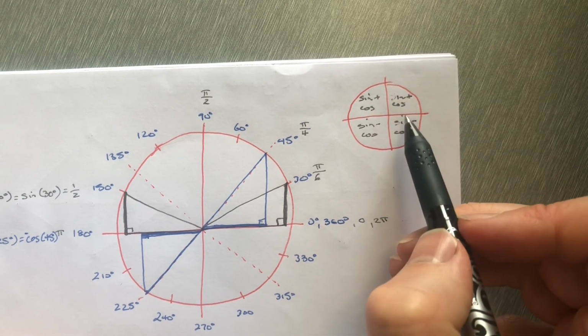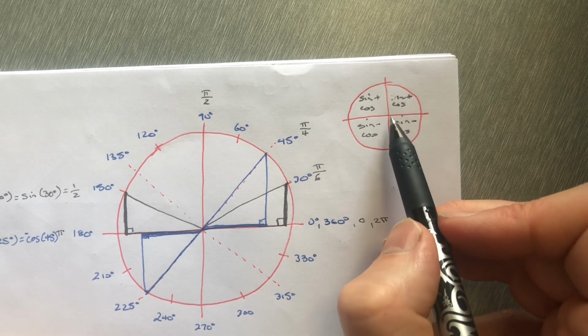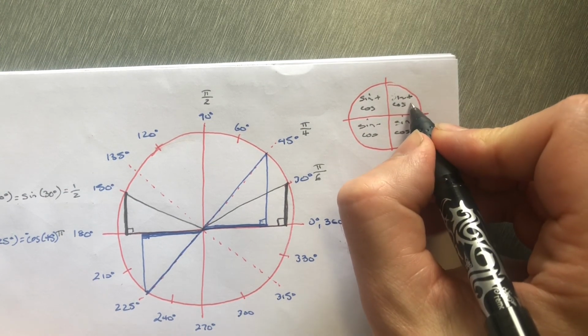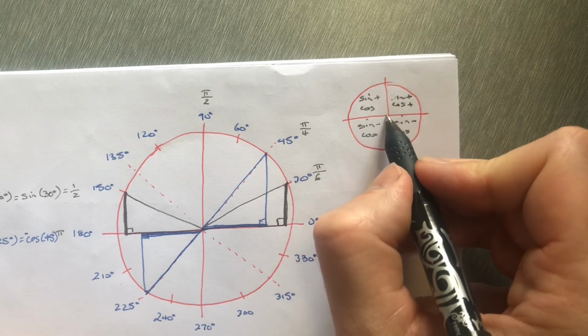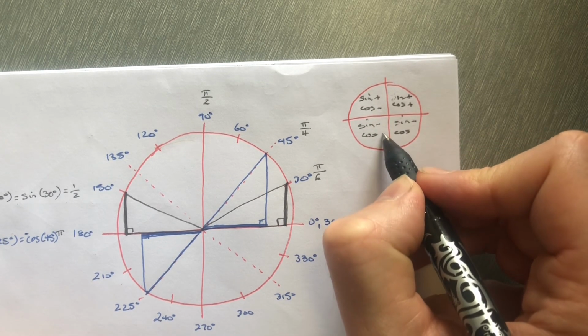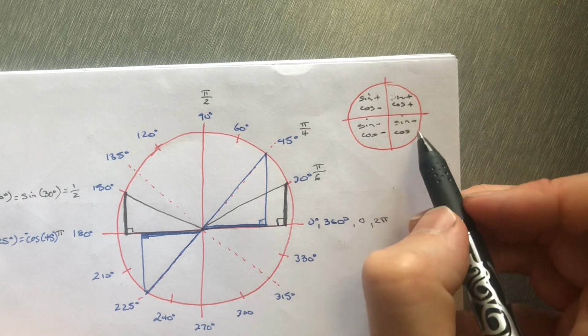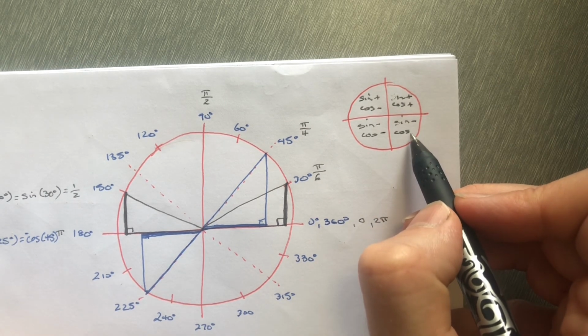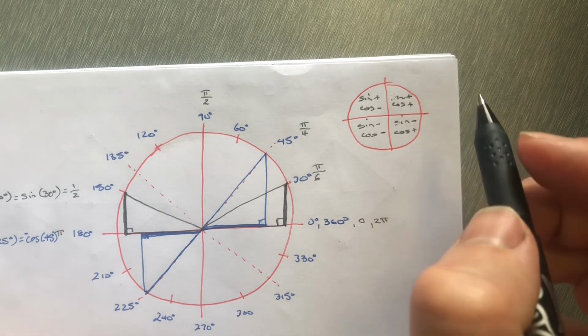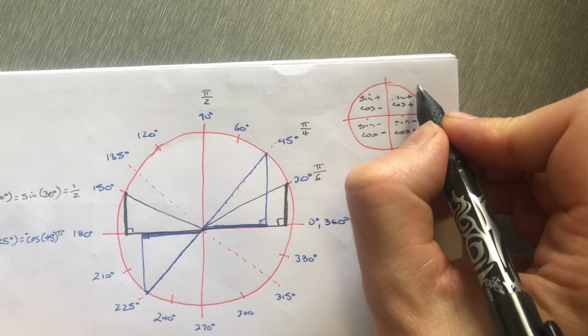Now let's just think about cos as well. So if we have our triangle here, the horizontal part's going to be in the positive x's. If we have it over here, it's going to be in the negative x values. If we have it down here, it's going to be in the negative x values. And if we have it here, it's going to be in the positives. Now, I didn't label them before, but we go around anti-clockwise.